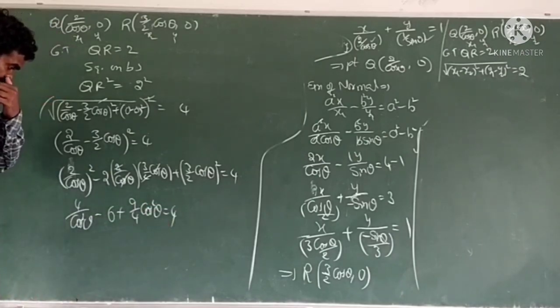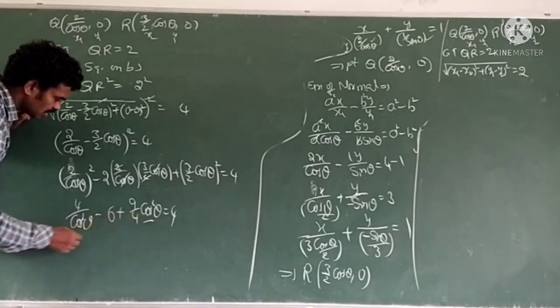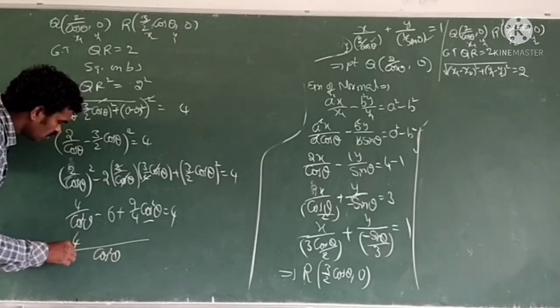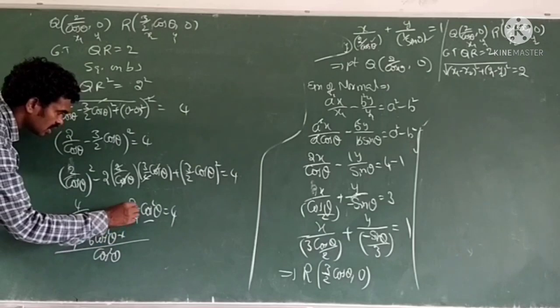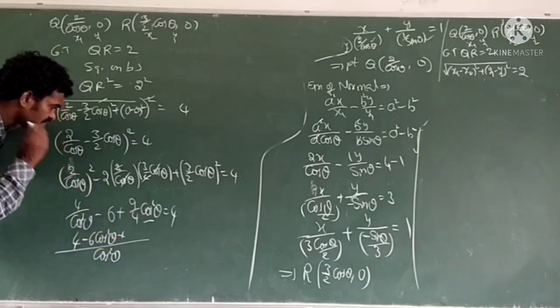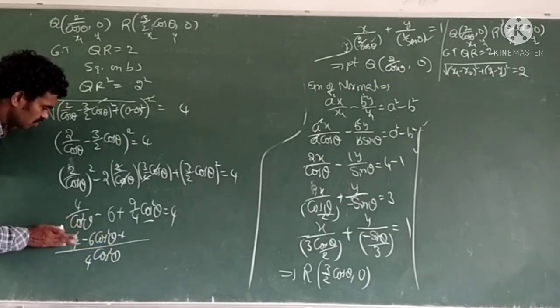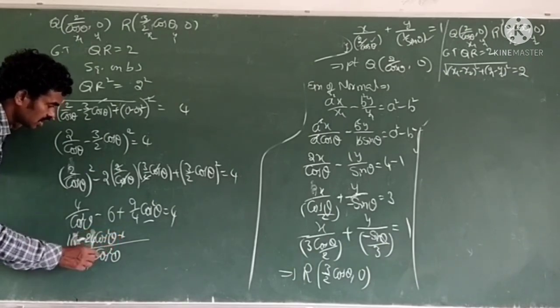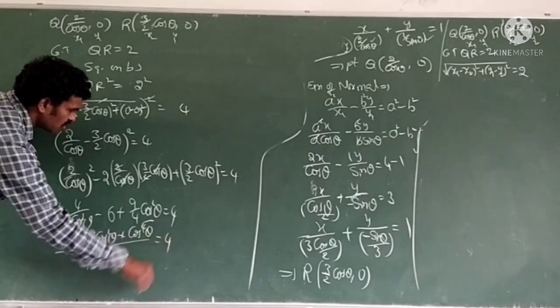So here the LCM is 4 cos square theta. 4 fours are 16, 4 sixes are 24 cos square theta, and cos power 4 theta, equal to 4.